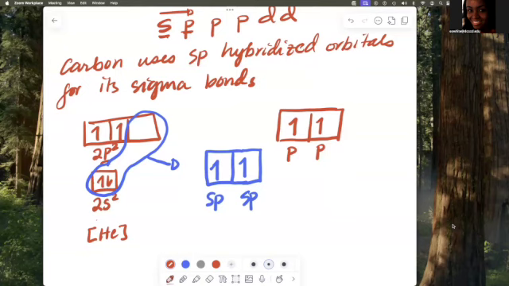Why is it important to have these unpaired electrons here? Because if you're planning on making pi bonds, only the unhybridized p orbitals are used for pi bonds.